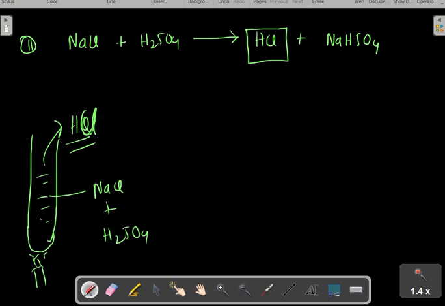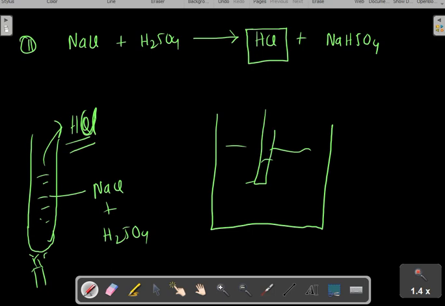Now a glass rod dipped into the ammonia solution. If you bring this glass rod dipped into the ammonia solution here, you will observe white dense fumes. So by observing the white dense fumes, the presence of the sulfuric acid can be detected. Now you can see the reaction also.